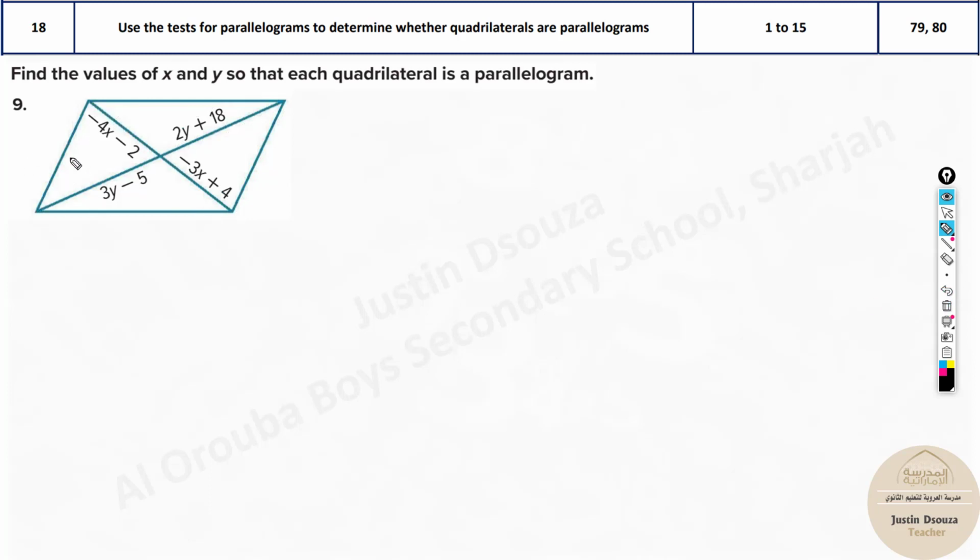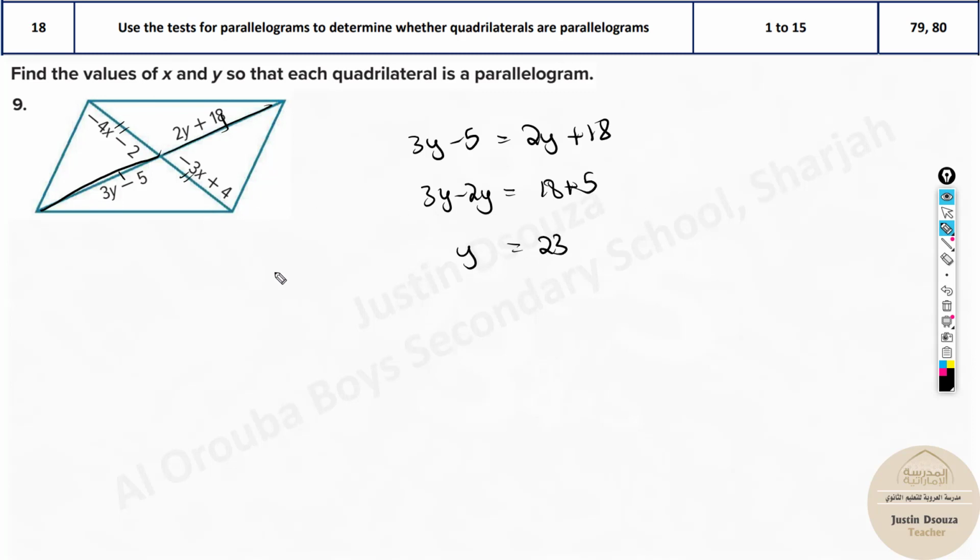My drawings are very bad, but this line and this line are equal over here, and this is equal. So we have to just equate it. 3y minus 5 equals 2y plus 18. Just solve it now. It will be 3y minus 2y equals 18 plus 5. The answer is 23. Y equals 23.